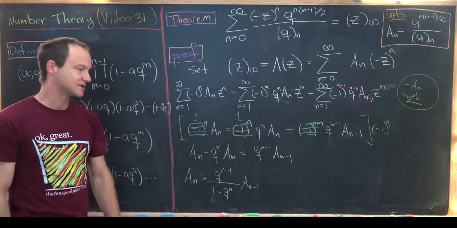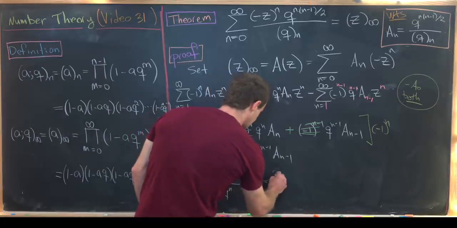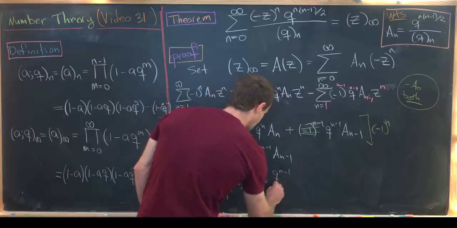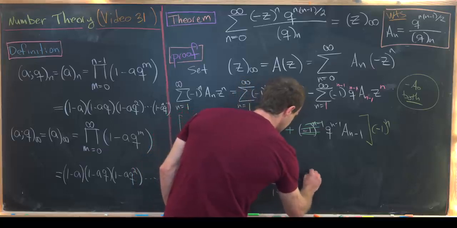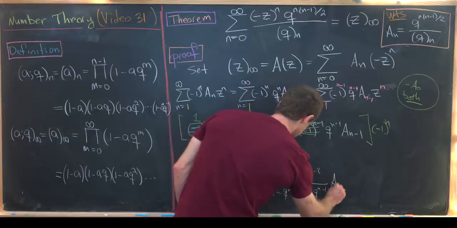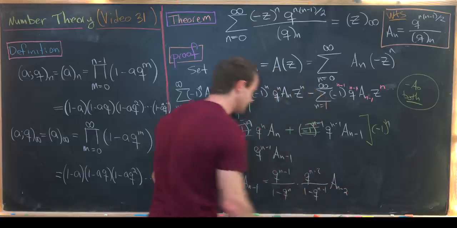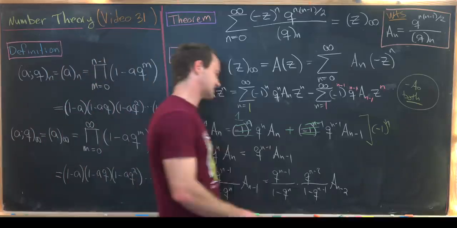We can repeat this over and over and over until we hit a0. So that's going to give us q to the n minus 1 over 1 minus q to the n times q to the n minus 2 over 1 minus q to the n minus 1 times a_n minus 2. And then keep going. So let's just jump to the last bit.